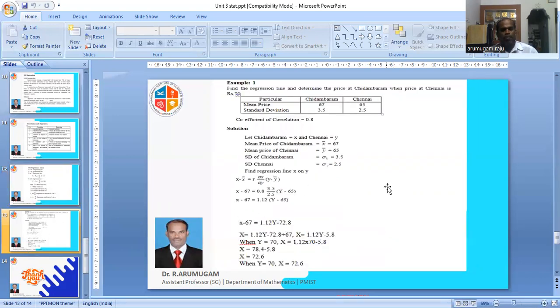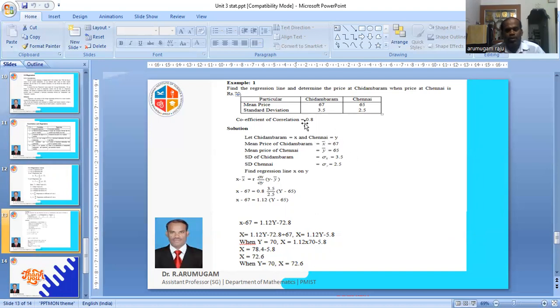This is an example for the regression. Here we have some data: the mean price for Chidambaram, the mean price for Chennai, and the standard deviation for Chidambaram and for Chennai. In general, the notation for standard deviation is sigma, so here you can use sigma x and sigma y. Similarly, the mean is x bar, so here you can use x1 bar and x2 bar.